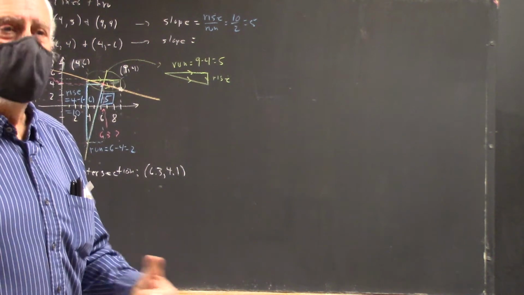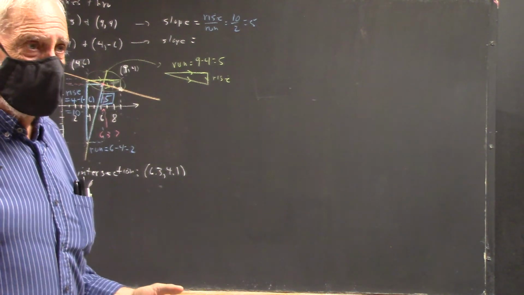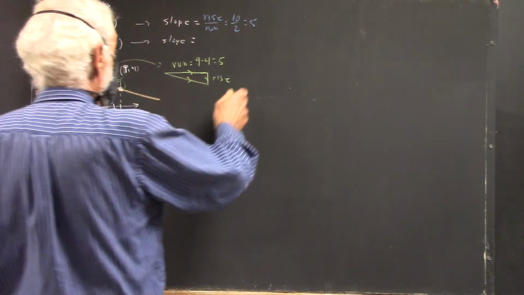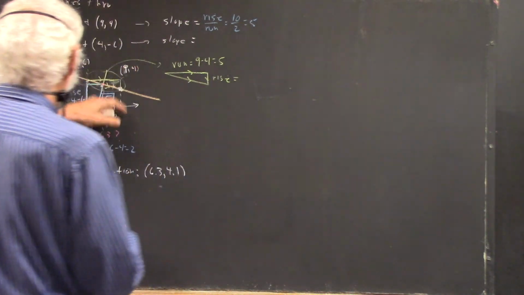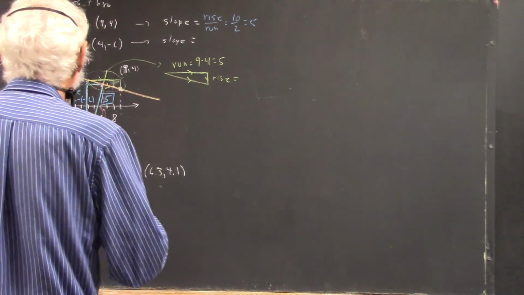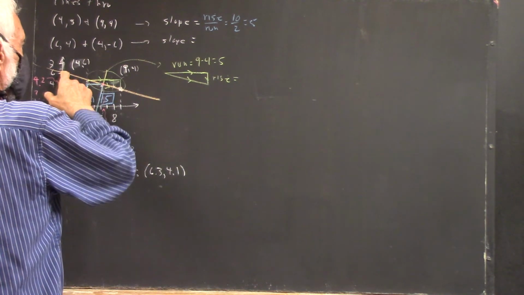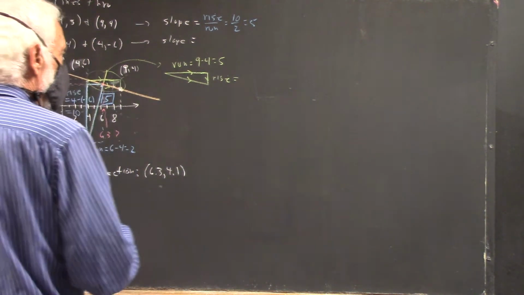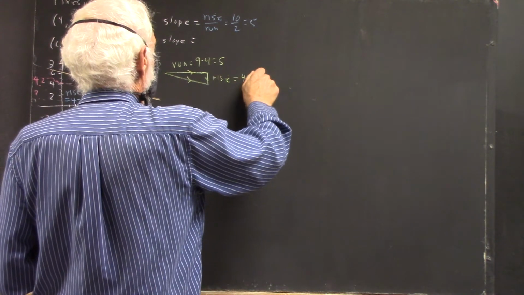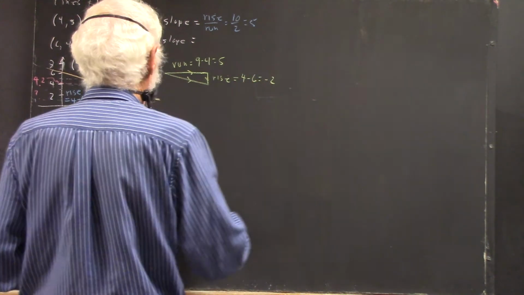Everything I do, my estimate gets a little worse. Anyhow, the rise, if you had drawn this correctly, would be from 6 to 4, and the rise is going to be 4 minus 6 equals -2.